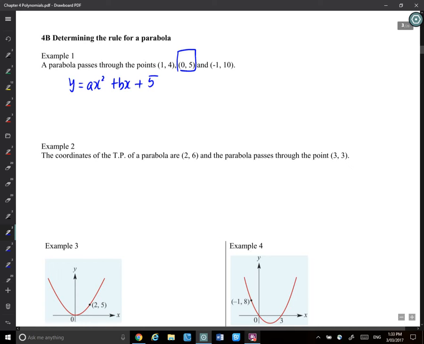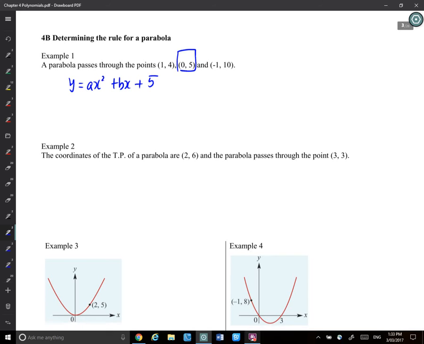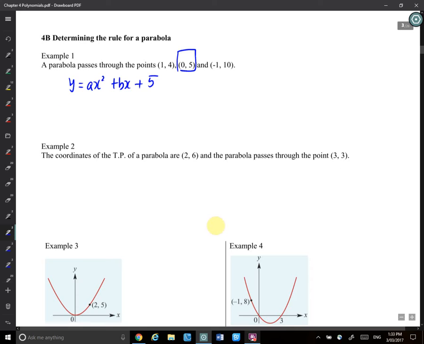Then I can substitute the points 1, 4 and negative 1, 10 into the equation. So I will have 4 equals a plus b plus 5, and then 10 equals a minus b plus 5. What I'm going to do is add both sides. So 14 equals 2a plus 10.